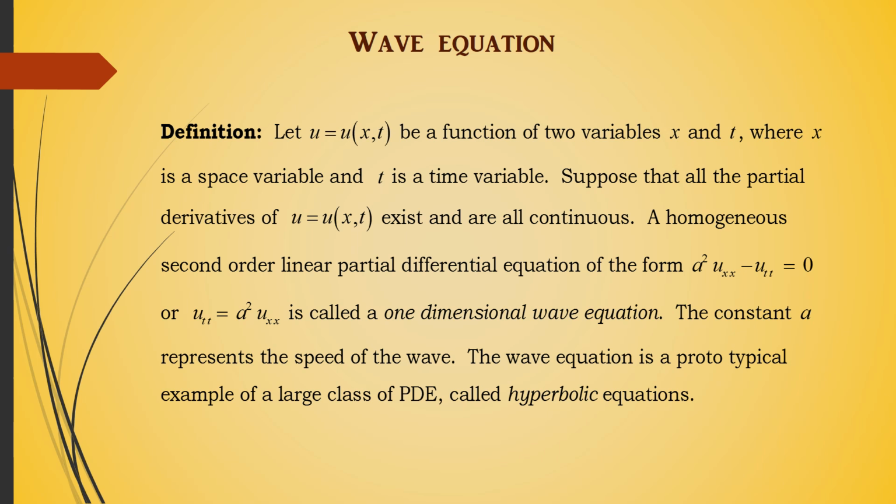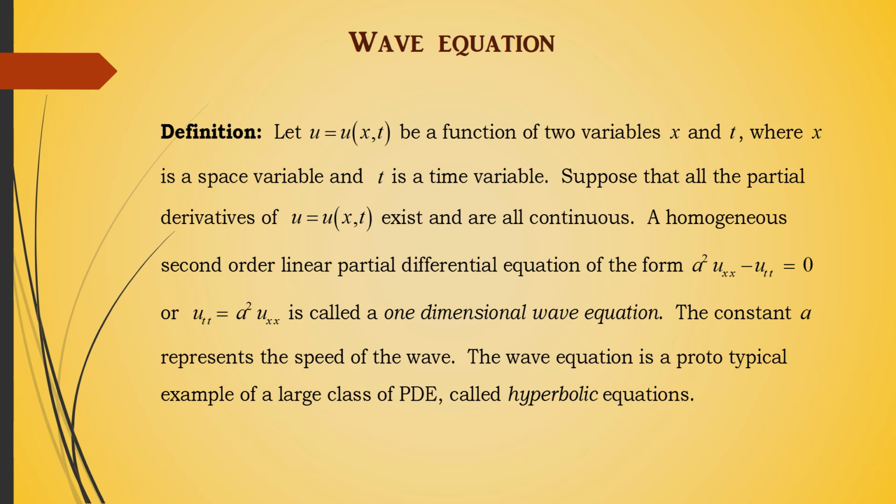This equation is a prototypical example of a large class of equations called hyperbolic equations, because in this equation a square u sub xx minus u sub tt equals 0, capital B equals 0, capital A equals a square and C equals minus 1.